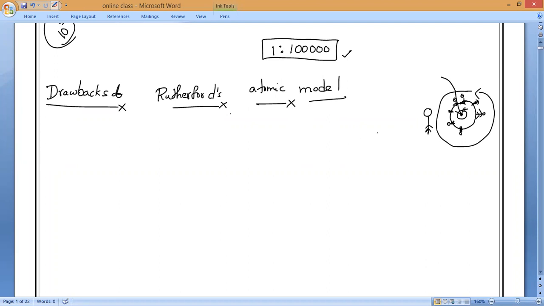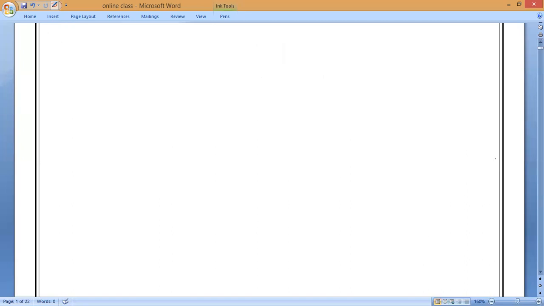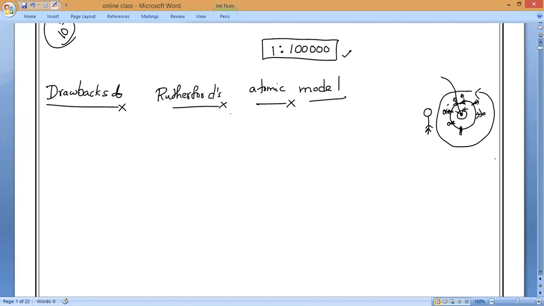But it is not happening in the electrons' case. So Mr. Rutherford could not explain the stability of the atom, because if humans revolve around a particular thing, they will drain out and fall down. But in the case of electrons, it is not happening. That is stability.